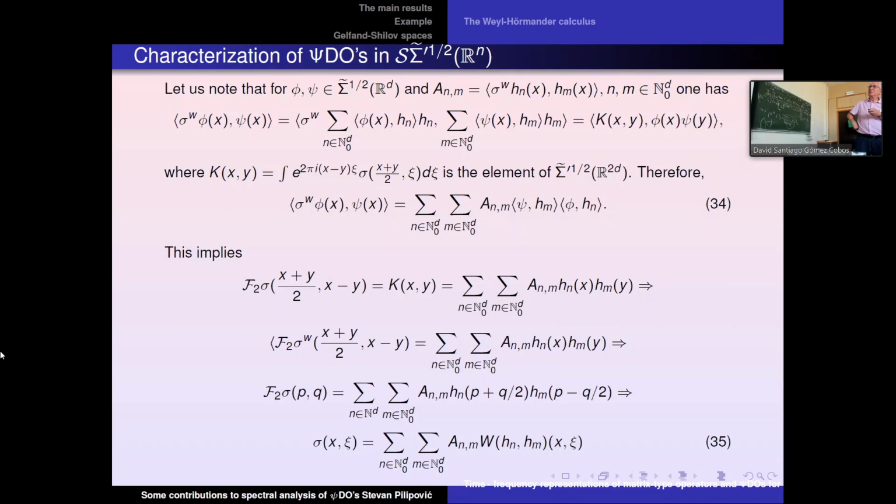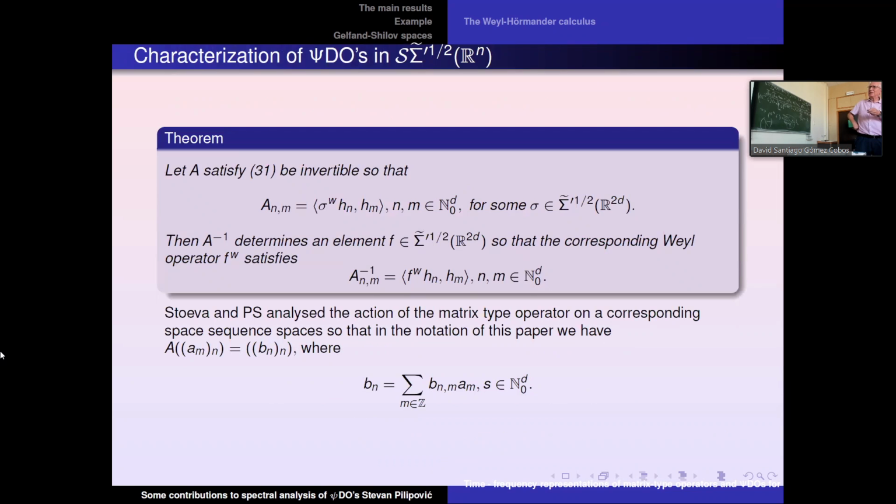Some calculation here, kernel written in that form as usual, and so on. So I repeated, it's just proof that F, which appears here, is really one from that space which produces this kind of matrix, and which means that this is a pseudo-differential operator.